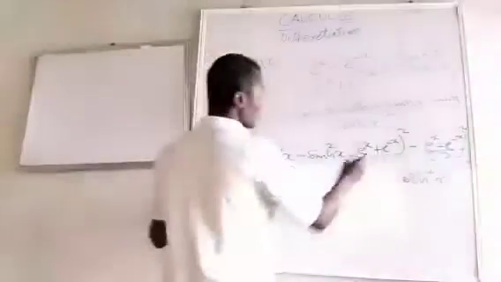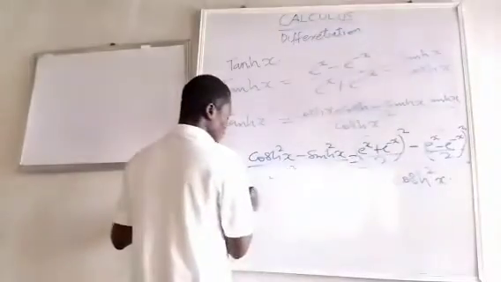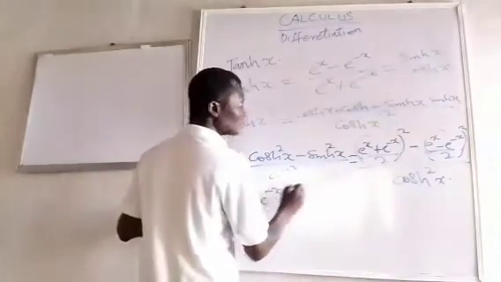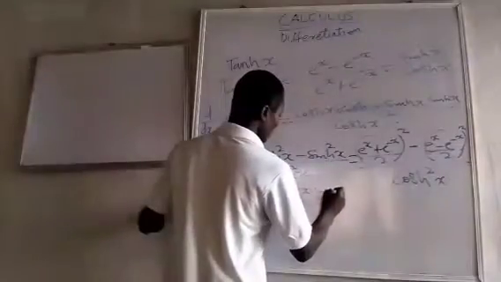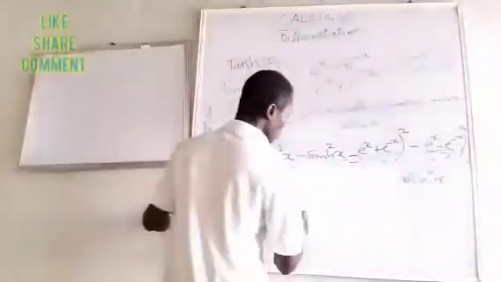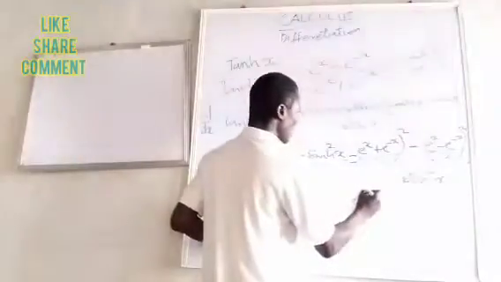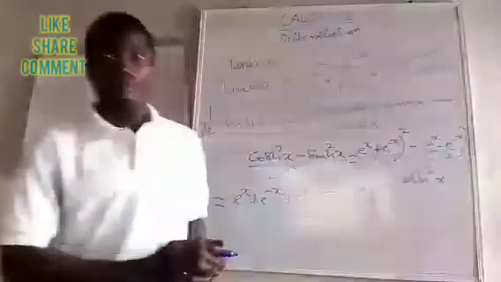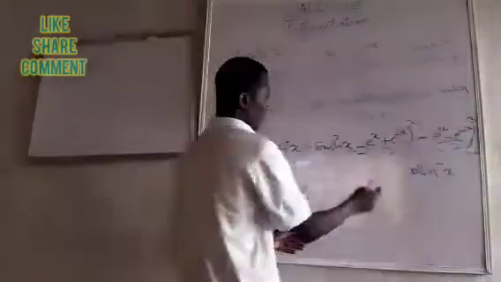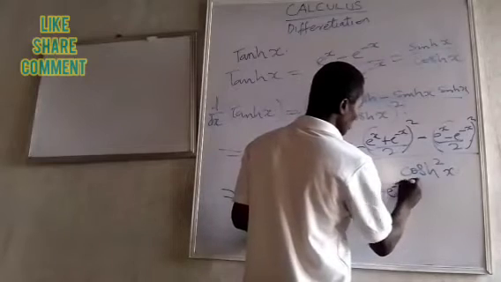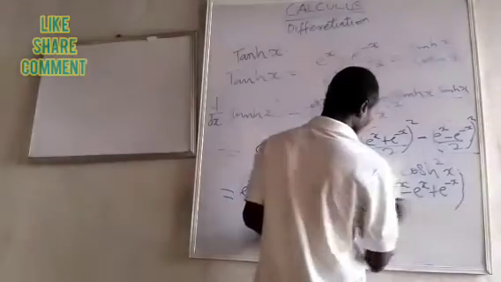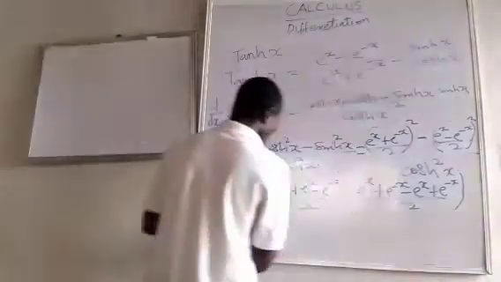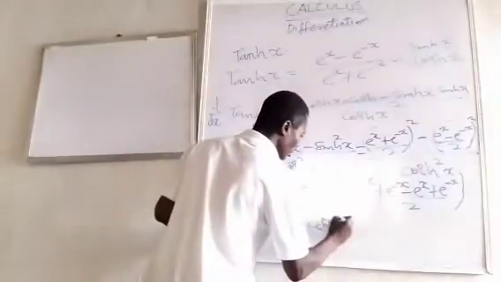And that's going to give us e raised to the power x plus e raised to the power minus x plus e raised to the power x minus e raised to the power minus x, times e raised to the power x plus e raised to the power minus x minus e raised to the power x plus e raised to the power minus x, over cosh square x.